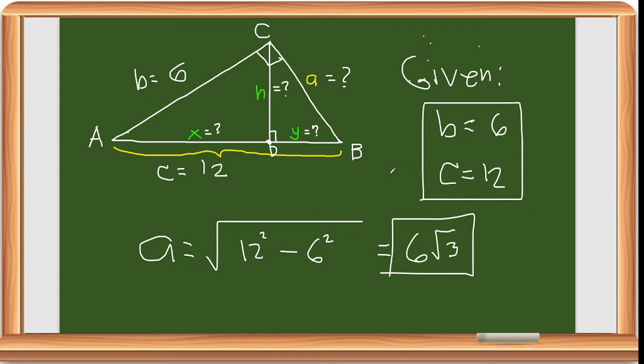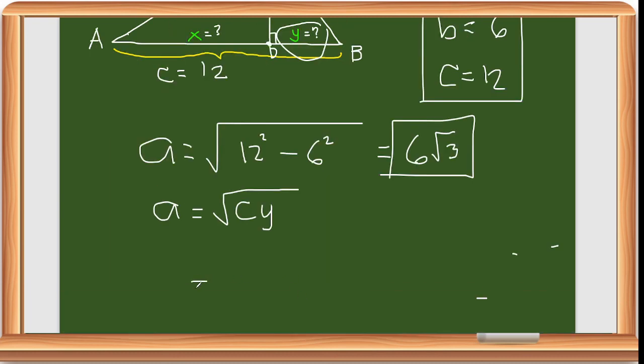Okay? Now, since you already know the B, you can get the Y here, no? Kasi given to eh. So using the formula, sabi ko nga, kung ayaw mo yung derived formula, fill in the blanks na lang. So A squared is equal to C times Y, no? So fill in the blanks na lang.